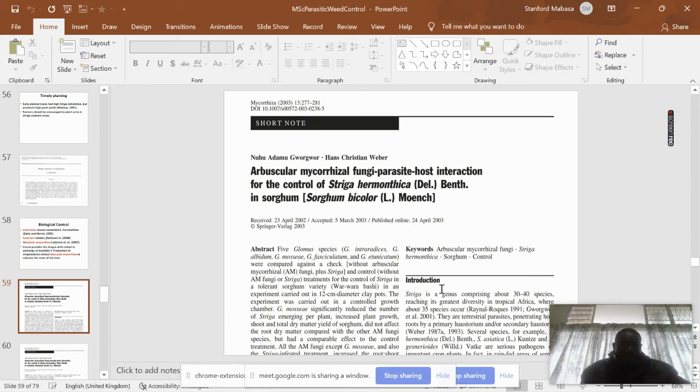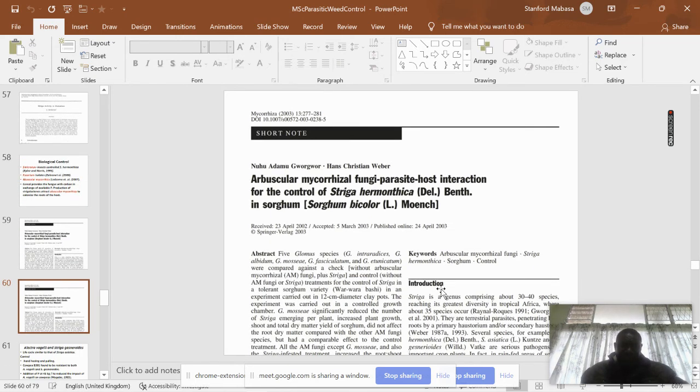So you may want to read this paper on arbuscular mycorrhiza fungi, how it can be used to reduce the problem of Striga. This is a biological control. Again, another paper on arbuscular mycorrhiza.